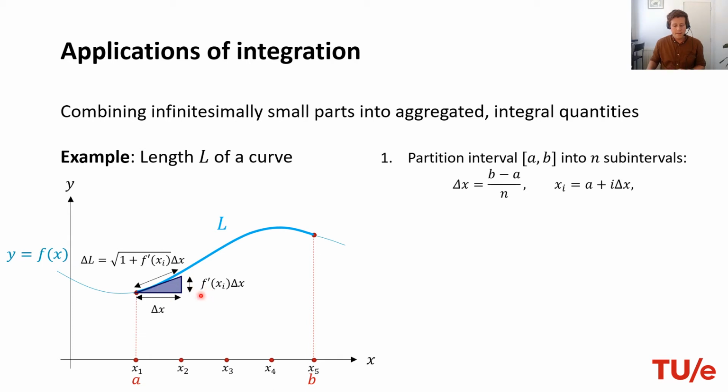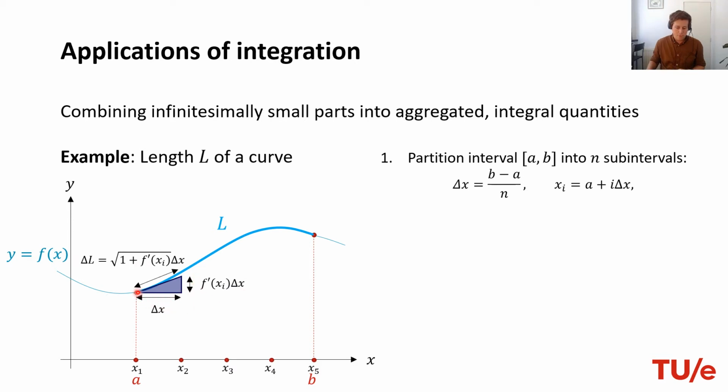We know that the height of this triangle will be the derivative of f, so that's the tangent to this line, multiplied with delta x. So the slope of this line is the derivative, and multiplying it with the offset gives us the height of this triangle.